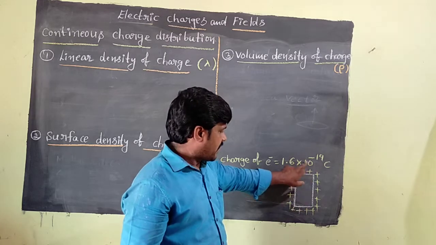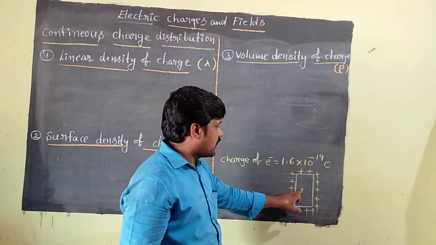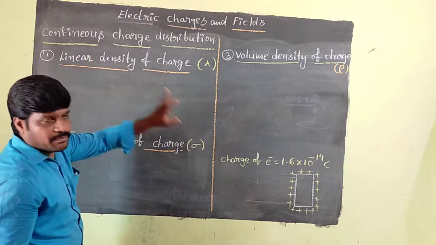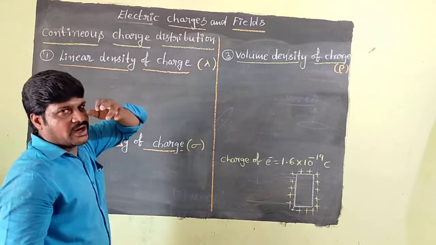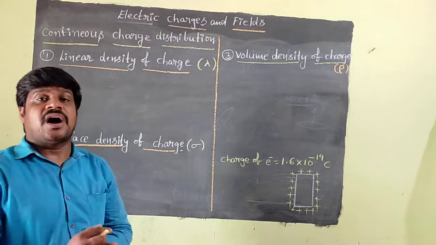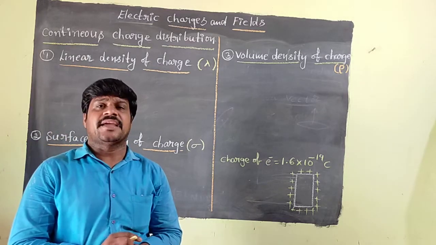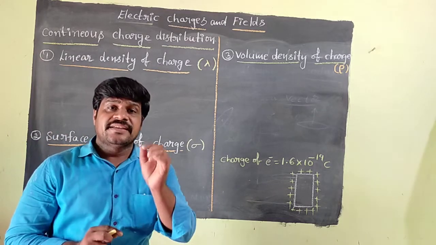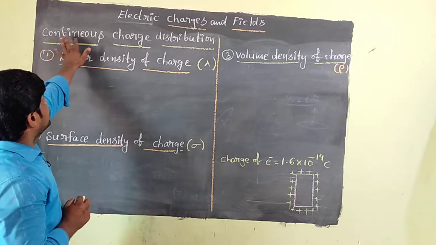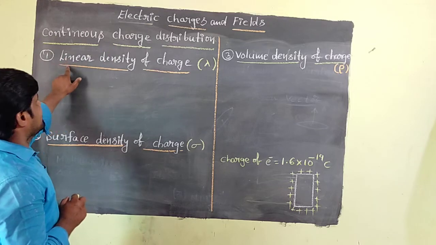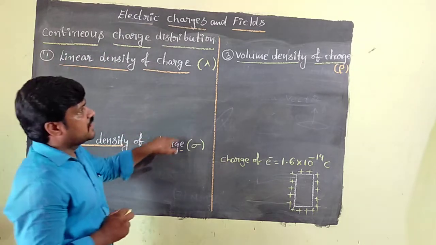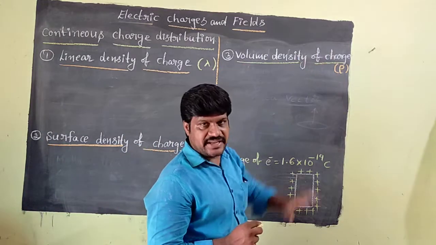Because of that, the charge located on the body is continuous on this body. So continuous charge distribution: by considering the charge on a body in any dimension, we are going to study continuous charge distribution as linear density of charge, surface density of charge, and volume density of charge.